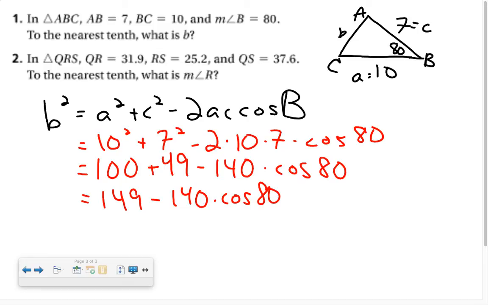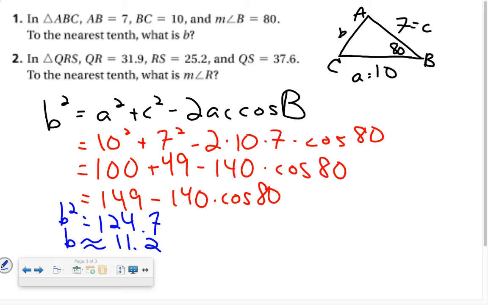So 149 minus 140 times the cosine of 80, and B squared is approximately 124.7, which makes B approximately 11.2, which is what I was asked for in example 1.